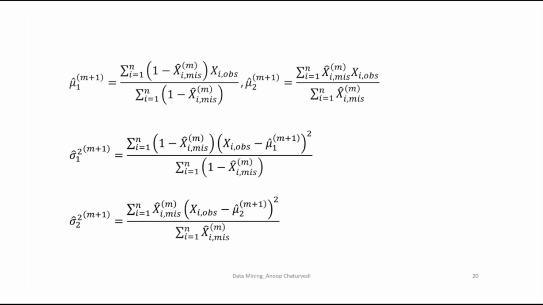Now, notice that in the usual case, when you have a single normal distribution, then the maximum likelihood estimator of mu is simply the sample mean. But here it is the weighted mean, and these are the weights.